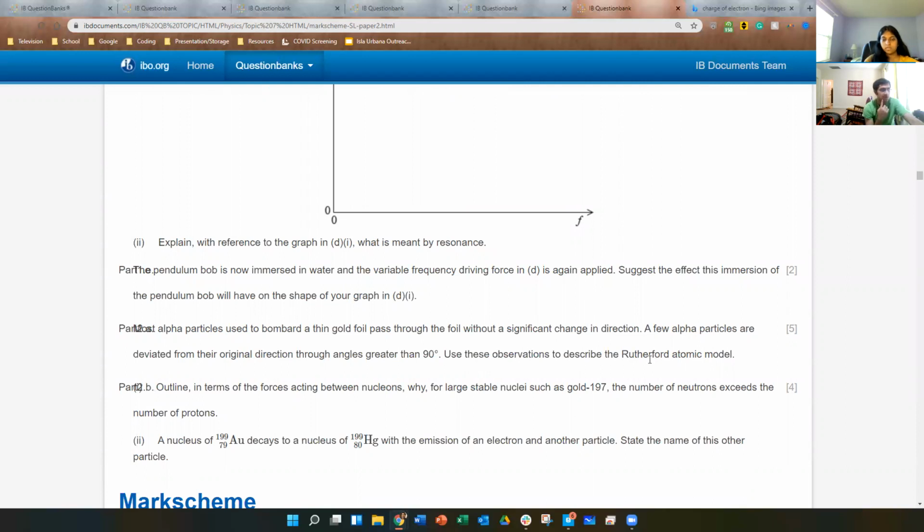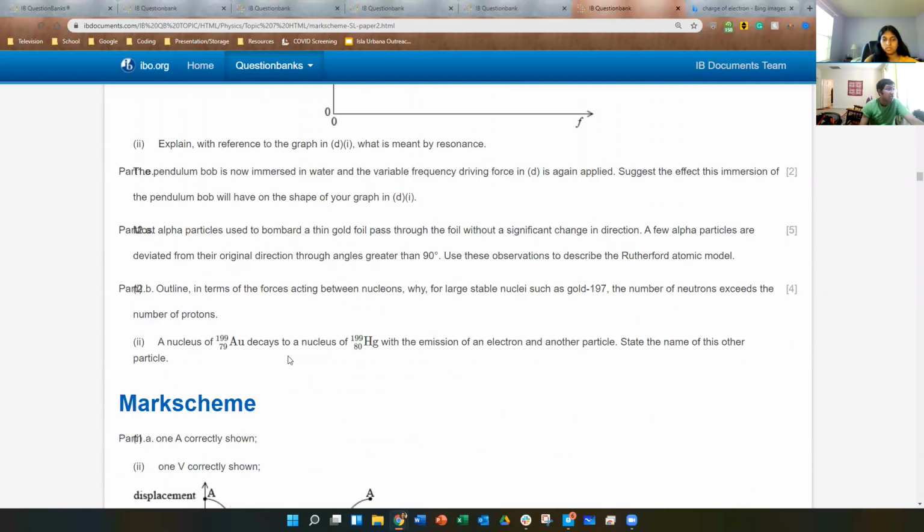We did this, right? Yeah, we don't have to go over it again. But basically, what you need to have is that most passed straight through, because that means there's a lot of empty space. Yep. And then a few were deflected, which means a tiny, massive, positively charged nucleus. Yeah.